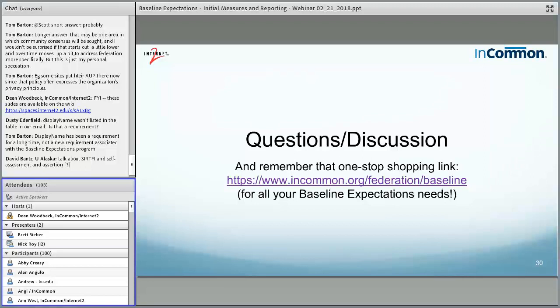The goal is to increase the usefulness of the Federation and take it from this metadata repository into the most useful tool for higher education and research collaboration in the globe. And that's really what we're trying to do. So it's not about being able to kick people out of the Federation. It's about elevating what we have and making this a really great resource.